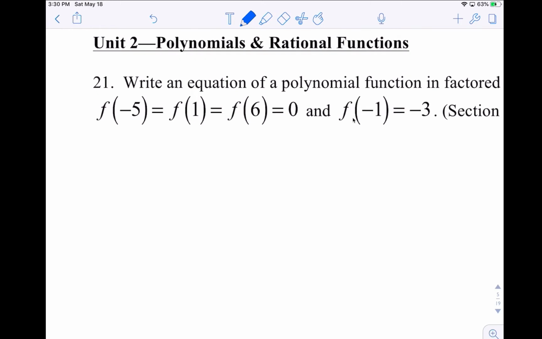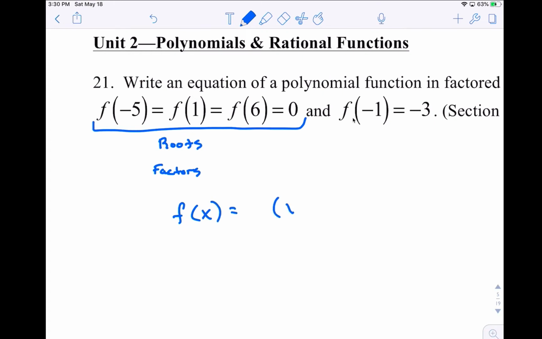Alright, so f of negative 5, f of 1, f of 6, these are all roots. And another thing that we said, like a synonym for roots, is that they are also your factors. So if I write each of those as factors, I have x plus 5 times x minus 1 times x minus 6.